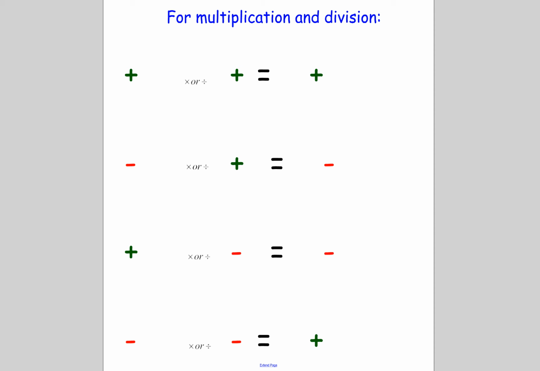If you can remember this, it'll help you in multiplication and division with negative numbers, because multiplying and dividing is no different than it is with positive numbers. You just need to know this to find the sign.